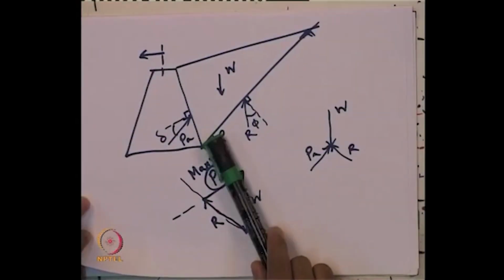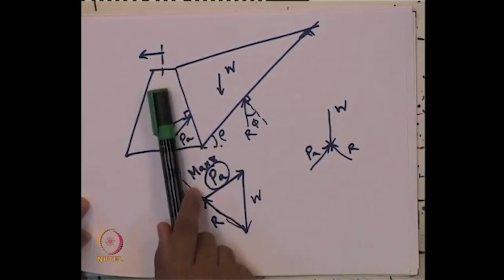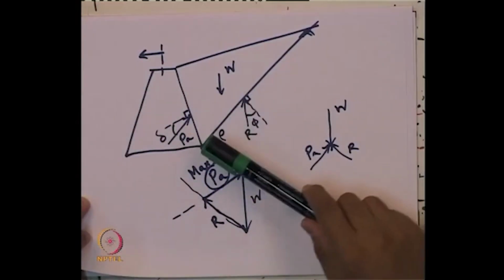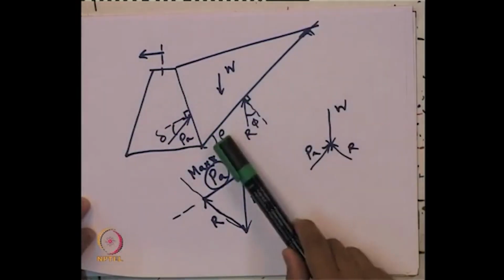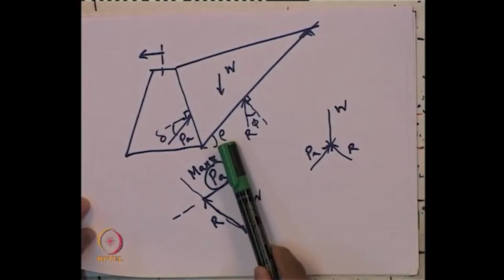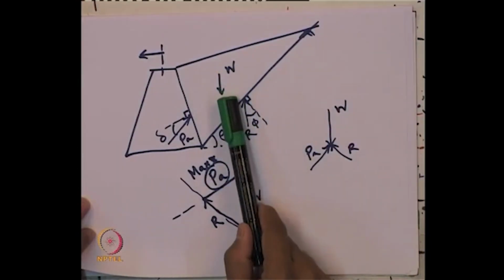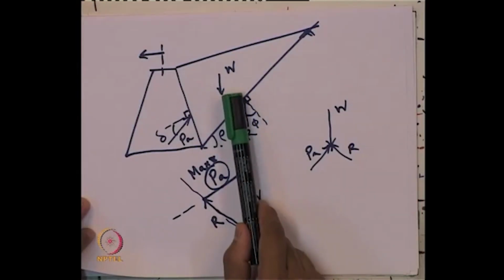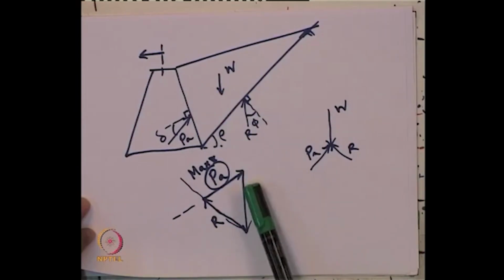Suppose for the active state of earth pressure, the wall tends to move in this direction. For an assumed failure plane with a failure angle rho over here, we know the value of this failure mass or weight W. This vector is totally known because its magnitude and direction are known.